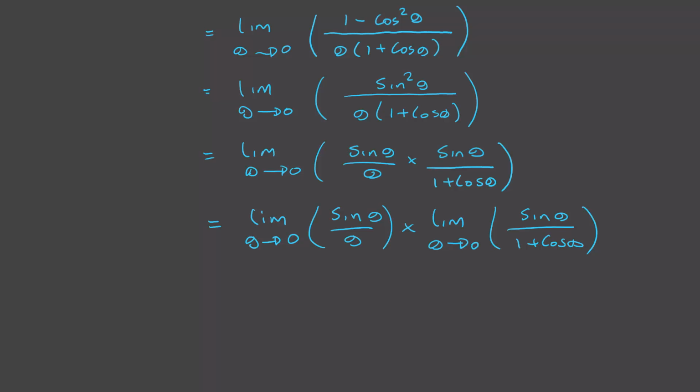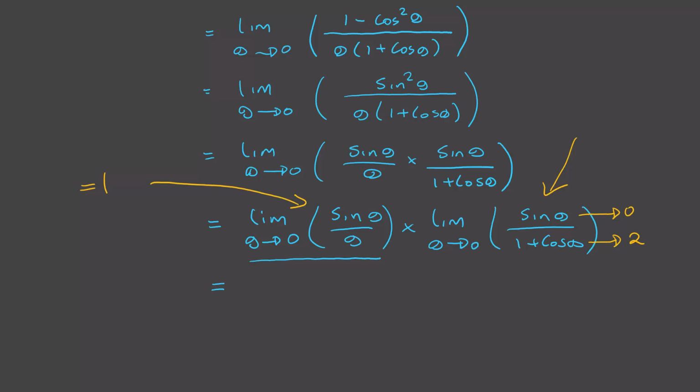Now, once we're there, we've already established that this part is 1. So we know that this part here, sine theta over theta, is equal to 1. That was in the first part of this intro. If we look at this one, as theta tends to 0, sine theta tends to 0, but 1 plus cos theta tends to 2.